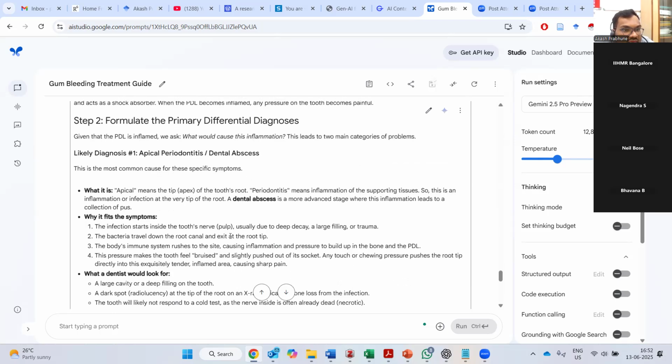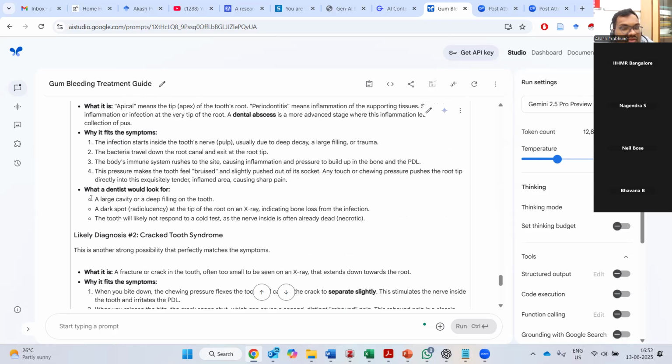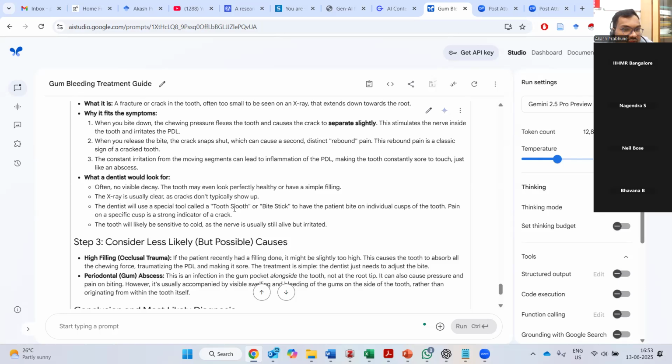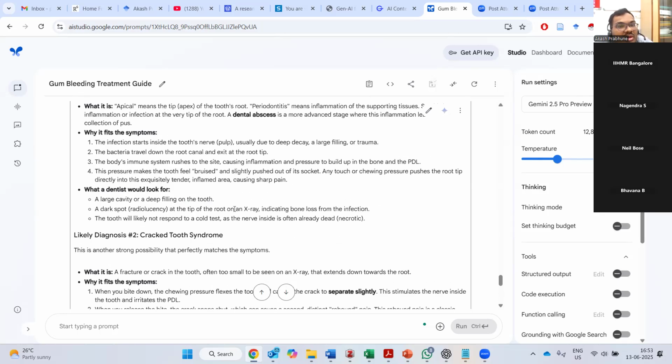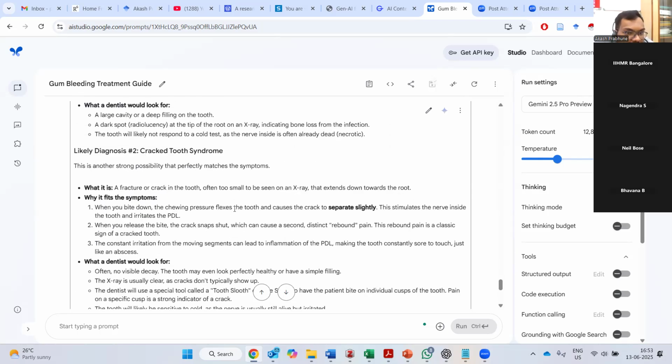It says what the symptom is, that infection starts in the tooth, and what a dentist would look for, like a large cavity. It also says what to look for, or the common radiological features. The other thing is they are looking at cracked tooth syndrome, but then I think that's also fine. It might, but it will not have pain only on chewing. It might have. I don't remember then.